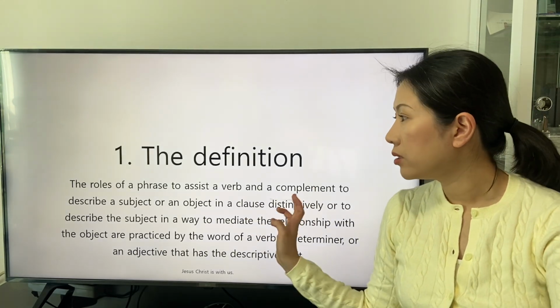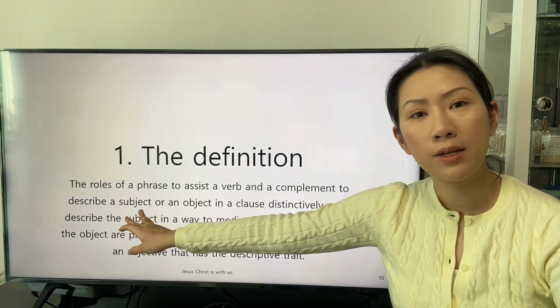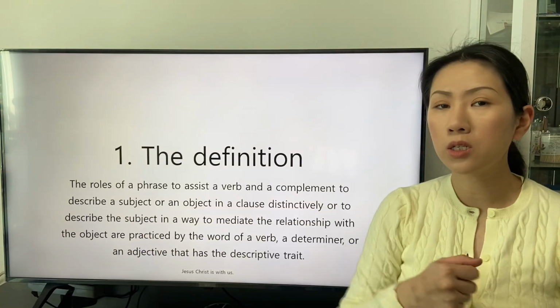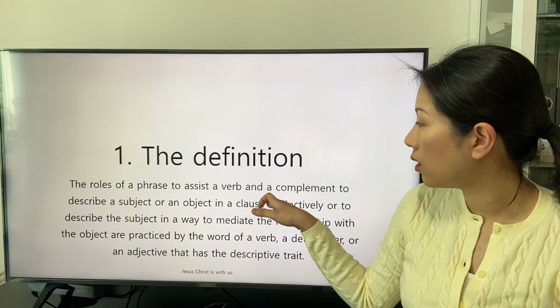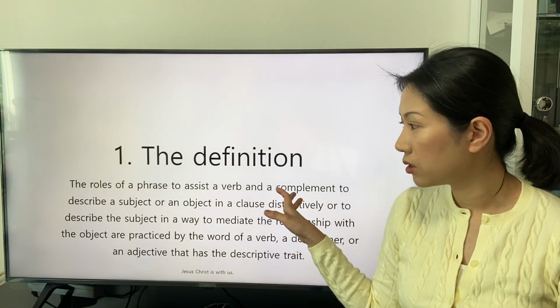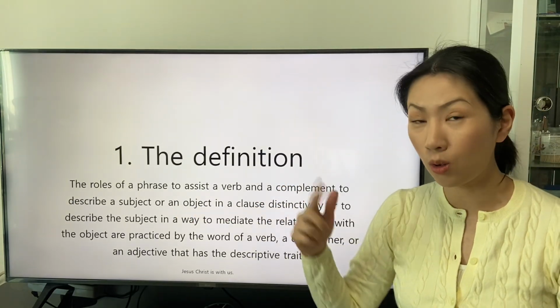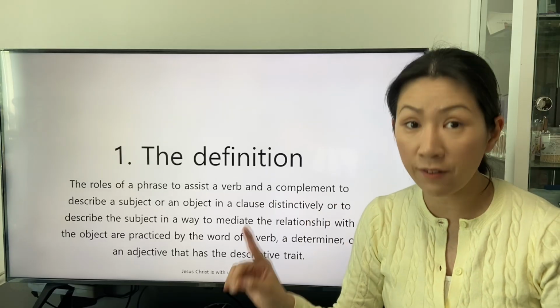A complement to describe a subject is called a subjective complement, and a complement to describe an object is called an objective complement.